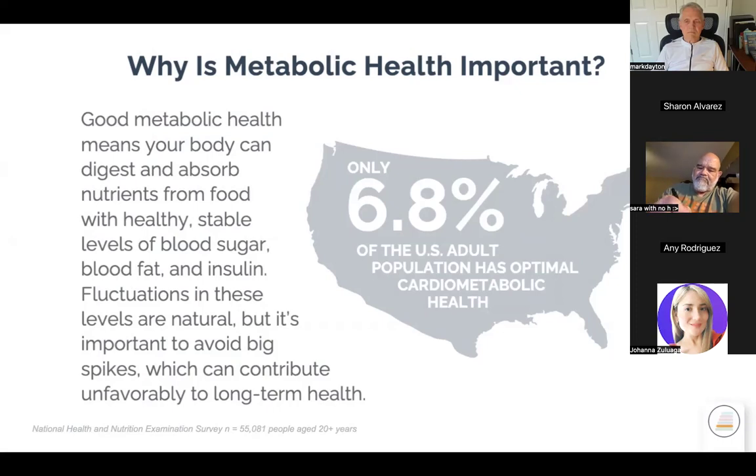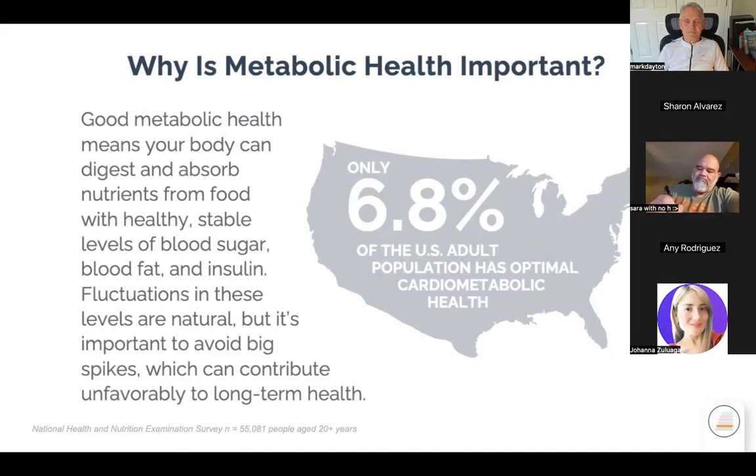My goodness, that's not very many of us out there. So if you do, awesome, great job with your optimal cardiometabolic health. But why does this matter? Here it gives us a really great explanation.